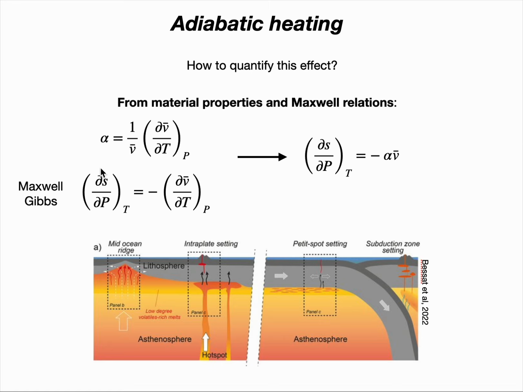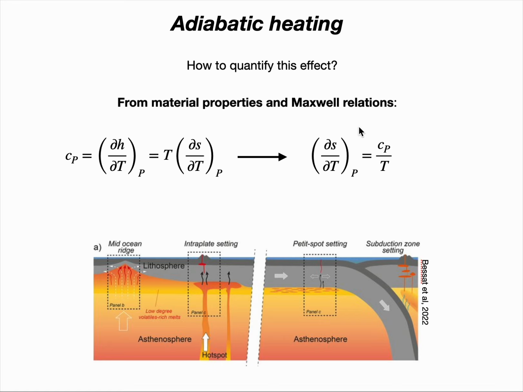This Maxwell relationship relates the derivative of entropy relative to pressure to the derivative of volume with regard to temperature. So from this, we can substitute dV/dT is alpha V. So we can set dS/dP is minus alpha V.